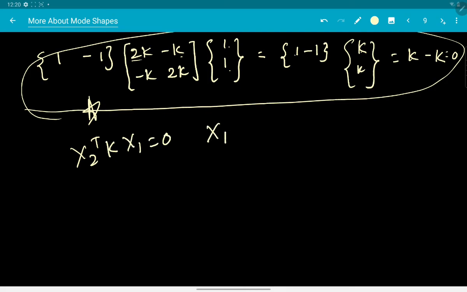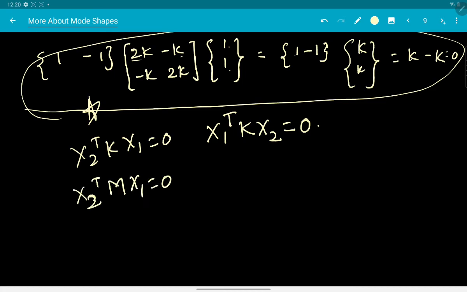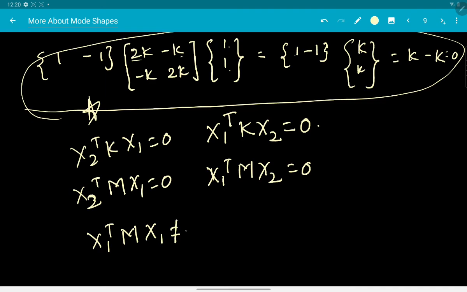Similarly, you will be able to show that x1 transpose k x2 is also equal to 0. And we already have seen that x2 transpose m x1 is 0 and x1 transpose m x2 is also 0. However, x1 transpose m x1 is not 0, and similarly x2 transpose m x2 is also not equal to 0.